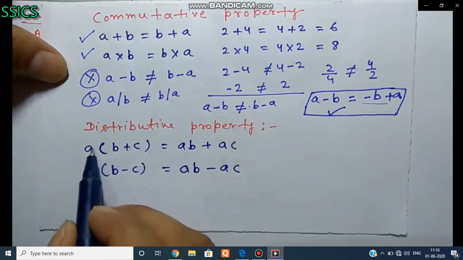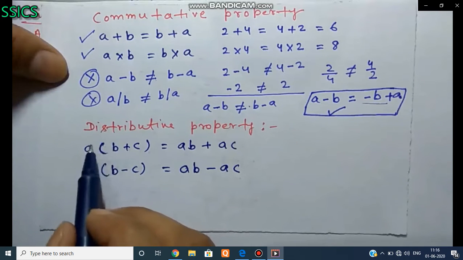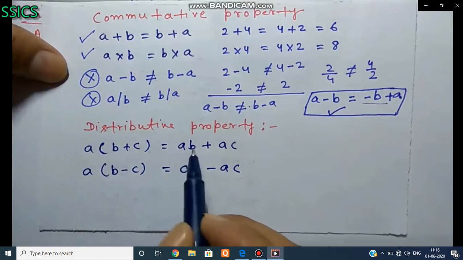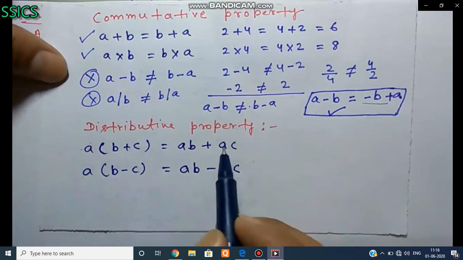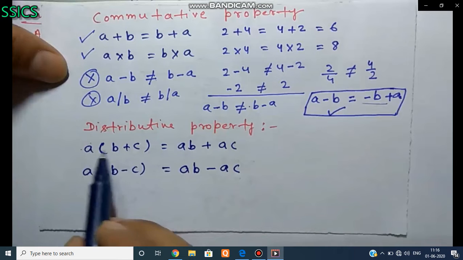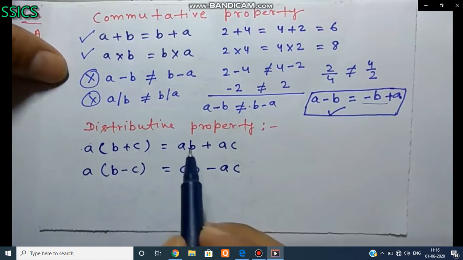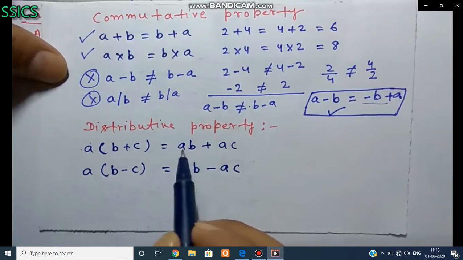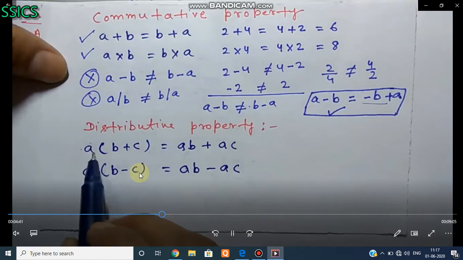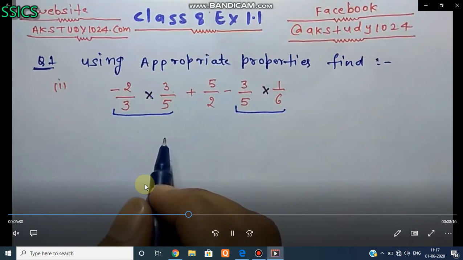If there is no sign, it means multiplication, so we multiply a into b plus a into c, which is ac. So a into b plus c is equal to ab plus ac. This is the distributive property. Now we come to solve the problem.